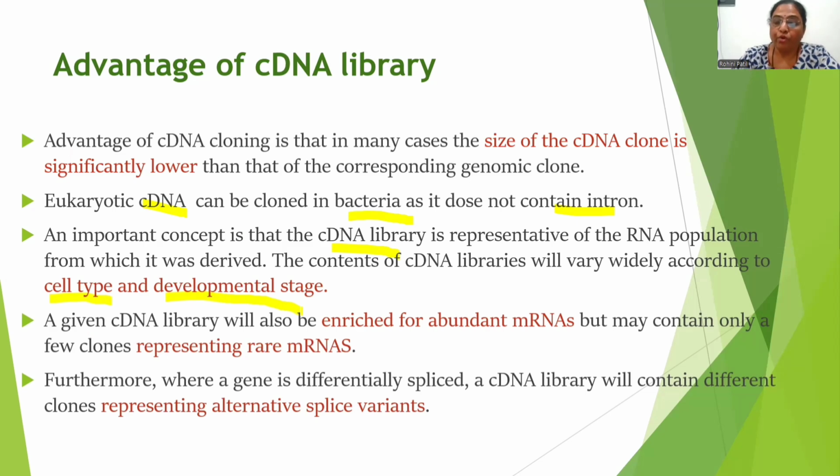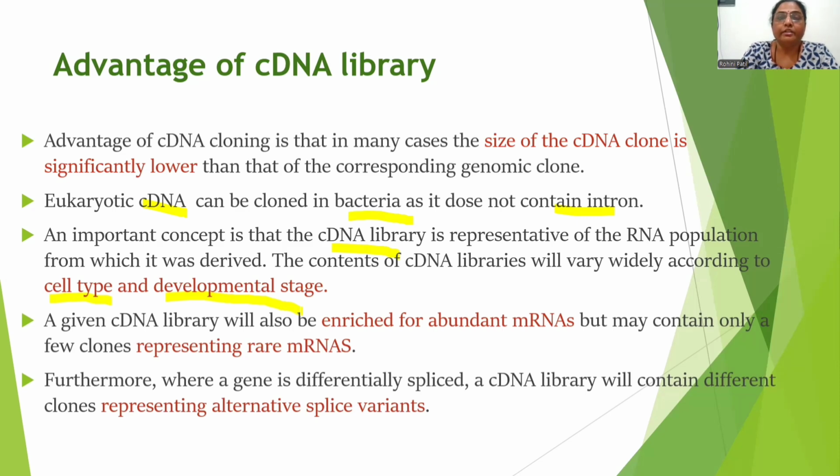When we isolate the mRNA, we select a particular type of cell, and we know that in eukaryotes there is tissue-specific expression. So the genes expressed in different types of cells are different. That's why a particular cDNA library represents a particular type of cell.